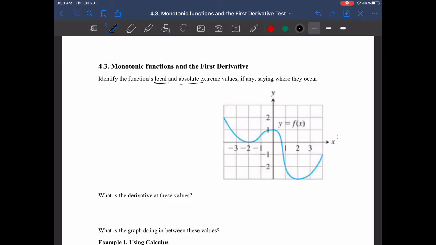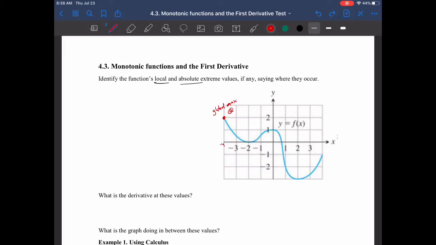occur. All right, so for example, we can look right here and we see that this is the absolute highest point on this graph, and so therefore this is the global maximum, and it's occurring at the point -4 here, and then 2 on the y.